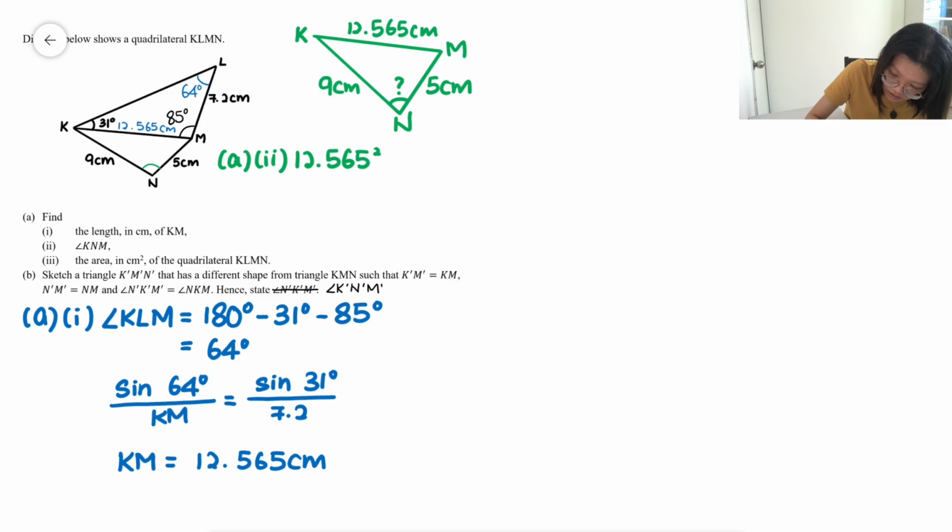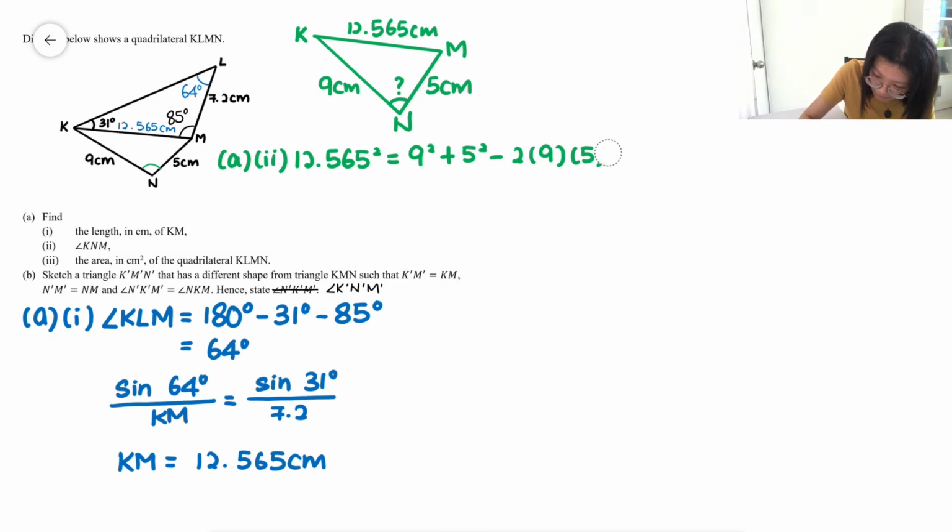A part 2. 12.565 square equals to 9 square plus 5 square minus 2, 9, 5 cos angle KNM.